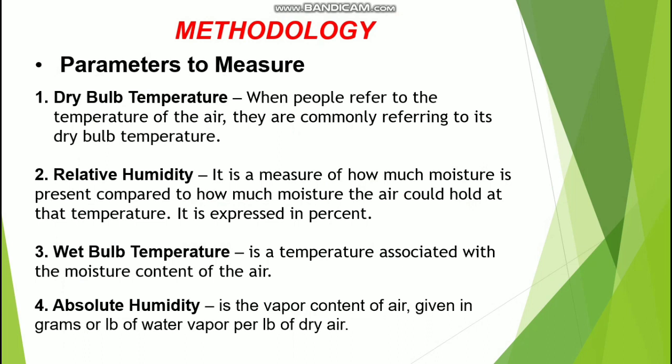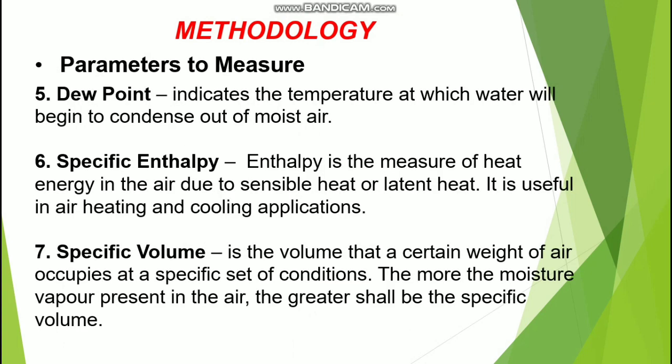Then number 3, wet bulb temperature is a temperature associated with the moisture content of the air. Then number 4, absolute humidity. It is the vapor content of air given in grams or pounds of water vapor per pound of dry air. Number 5, dew point. It indicates the temperature at which water will begin to condense out of moist air.